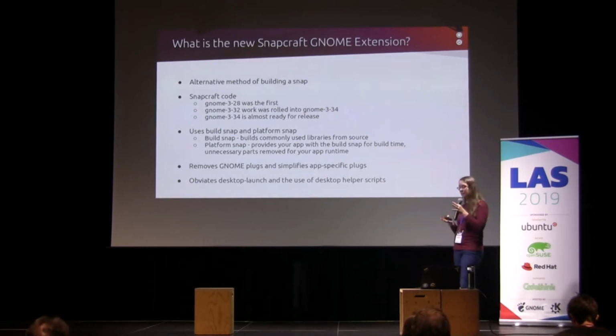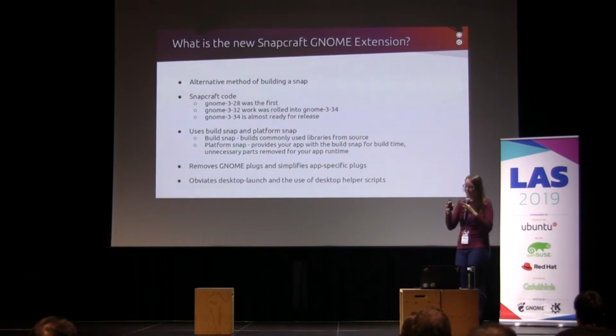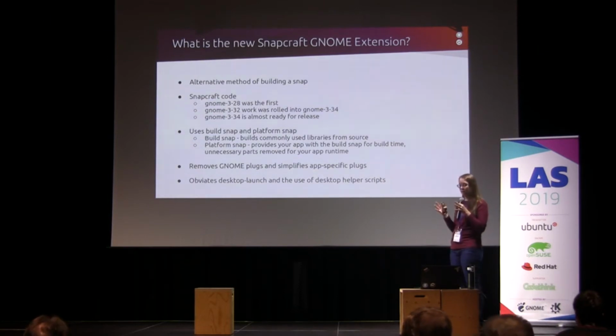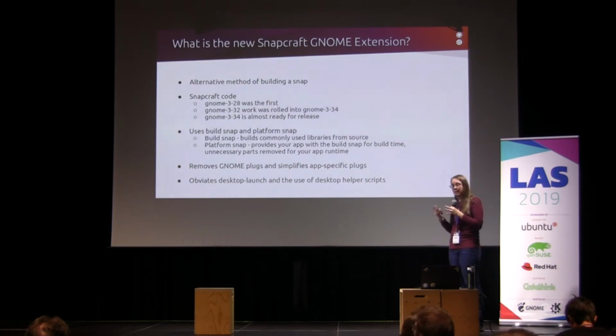So it builds these libraries from source, and then the platform snap takes that build snap and makes it available to your snap so that you have access to all of that for build time. But it's not packaged in your snap, so it's not giant, right? You're not packaging glib with every app. But you have access to that new glib every time you build your snap, so that's very handy.